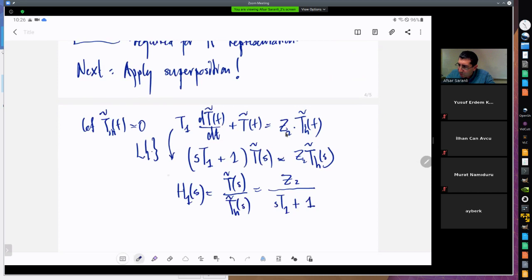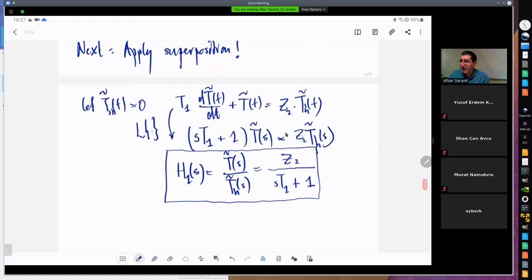Okay, so that is one of the transfer functions. That only models what's going to happen at the output if we had only the heater temperature non-zero.